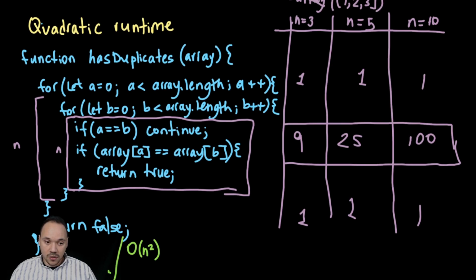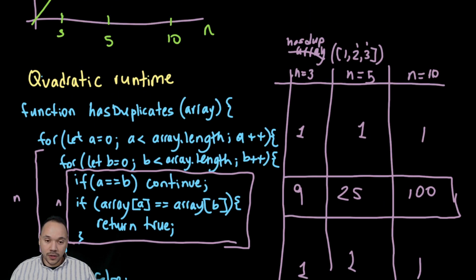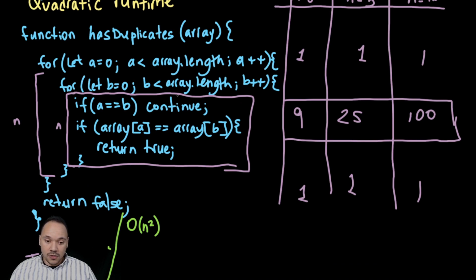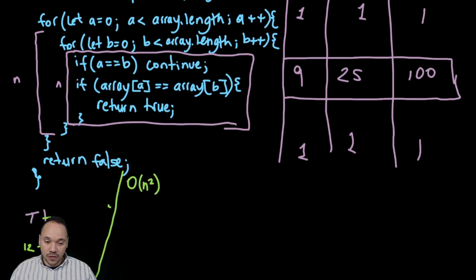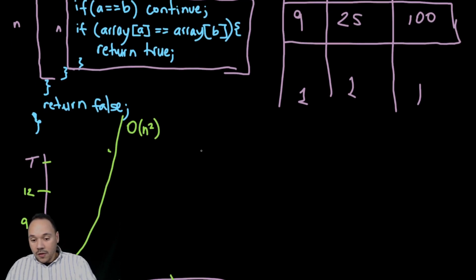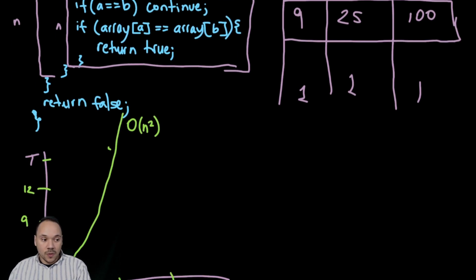For example, instead of starting from 0, you can start from a plus 1. But you know that big O notation is about the worst runtime. So in the worst case, it's roughly n squared anyway. All right, so that's quadratic runtime.